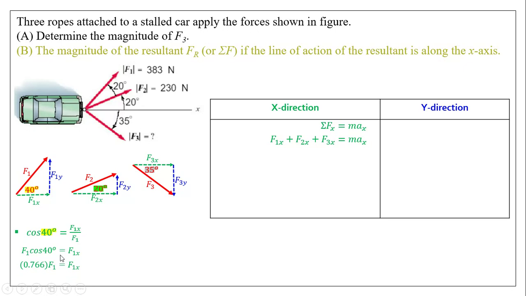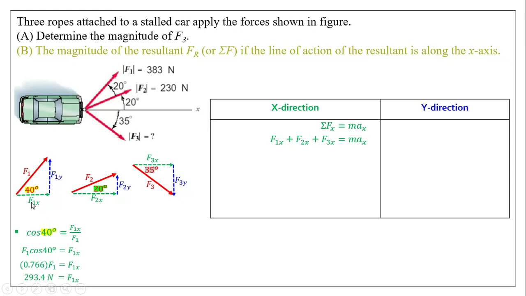Cosine of 40 on your calculator is going to give you about 0.766, and F1 is given in the diagram as 383. Keep in mind that there's certain information given in the schematic that's super useful. So if I punch in 0.766 times F1, which is 383, you should get a value of 293.4.